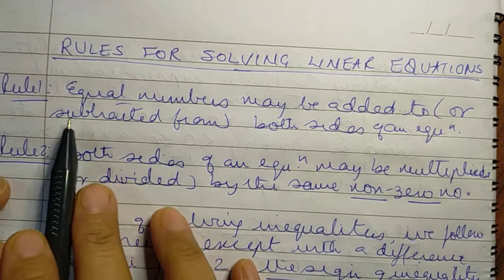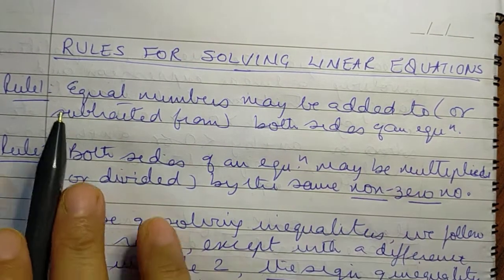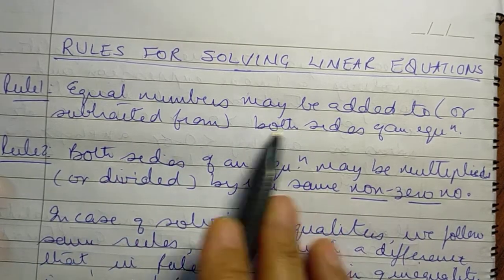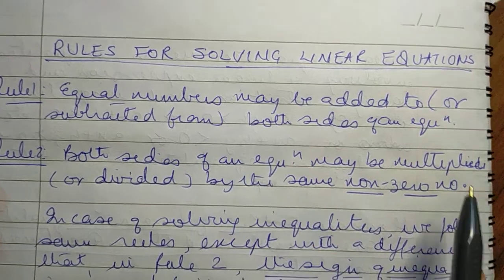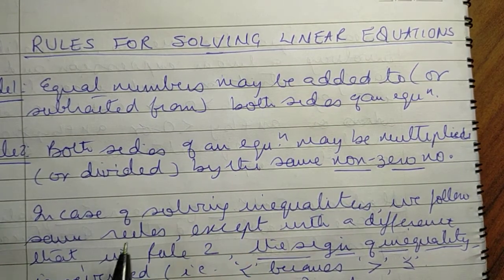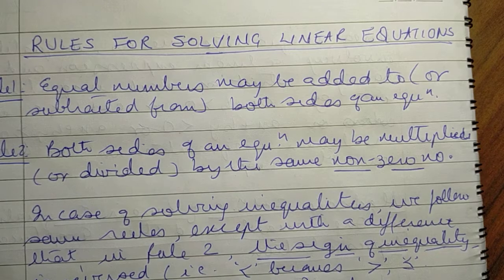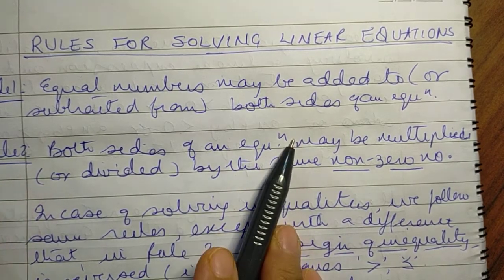The two rules which we followed for linear equations were that equal numbers may be added to or subtracted from both sides of an equation. That is, if you add the same number to both sides or subtract the same number from both sides, the equality remains the same.